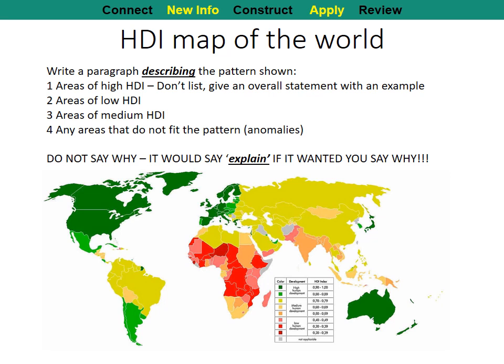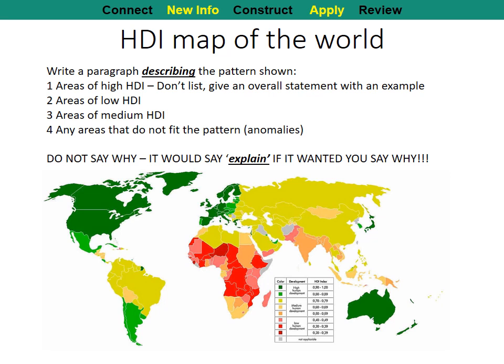So first of all, I would start talking about the areas of high HDI. I would identify the two key areas: the northern part of North America and Western Europe are the two areas with a large amount of dark green, which indicates a high human development above 0.9.